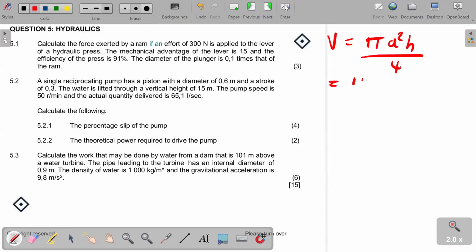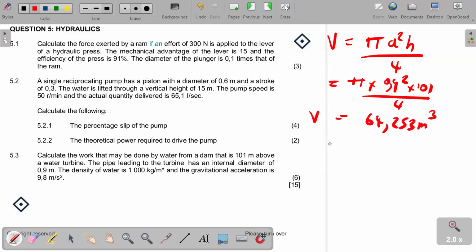So pi multiplied by the diameter 0.9 squared, multiplied by the height 101 over 4, and that gives us 64.253 cubic meters.